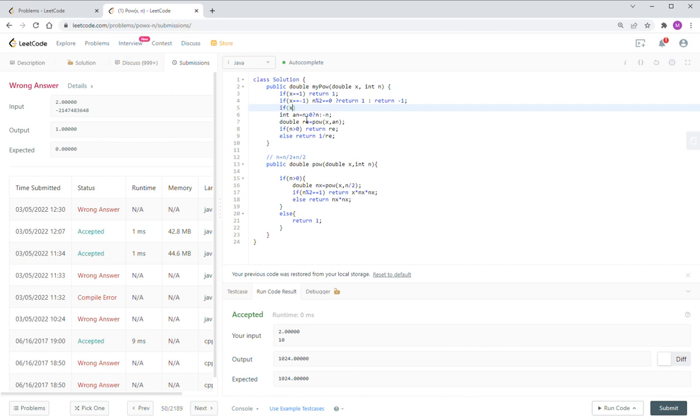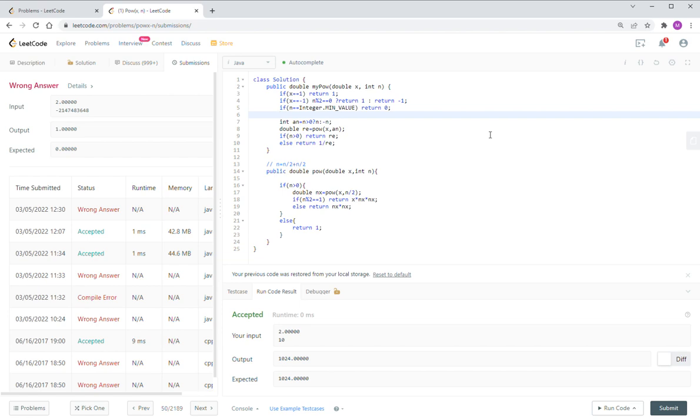So if n is integer minimum, return 0. It's not reasonable, right? But however, if we want to pass the LeetCode test, and if n is 0, return 1.